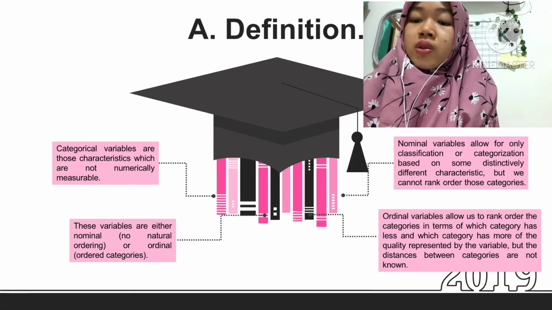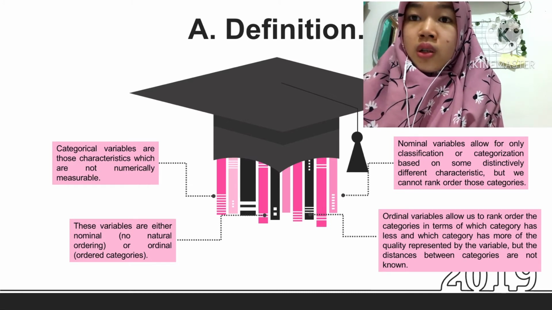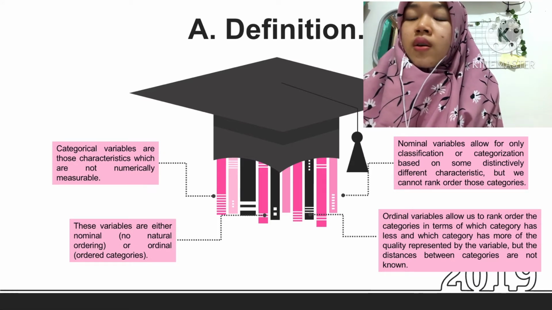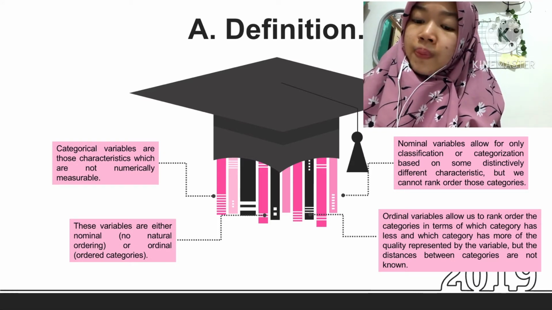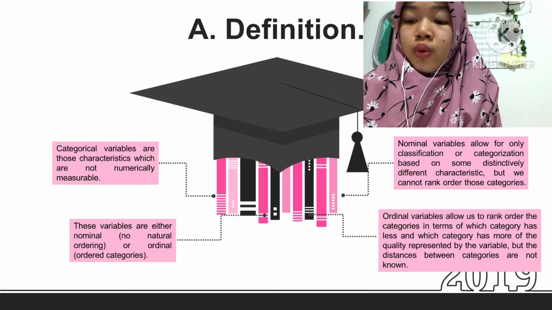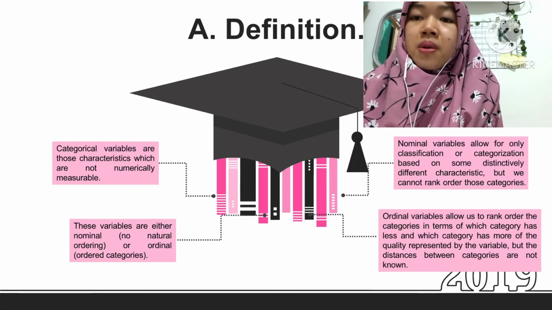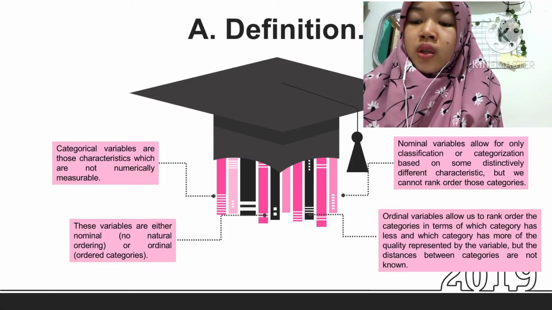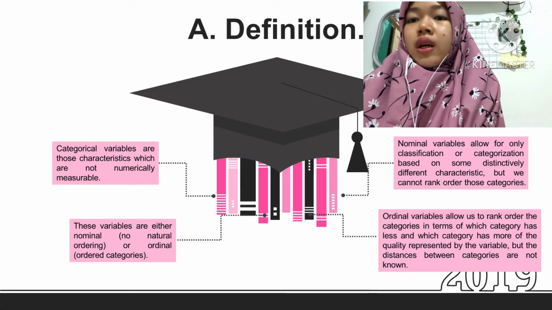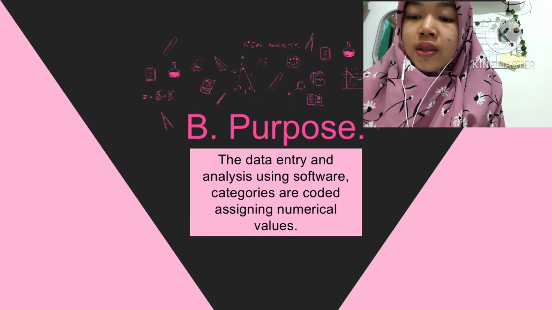Ordinal variables allow us to rank order the categories, which category has less and which category has more of the quality represented by the variable, but we don't know the distance between the categories. Let's go on to the next slide.